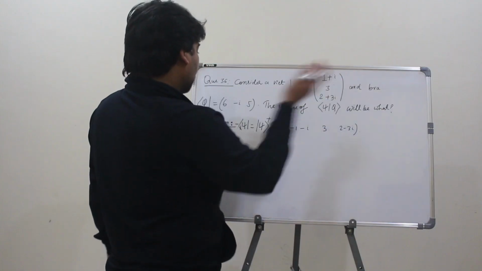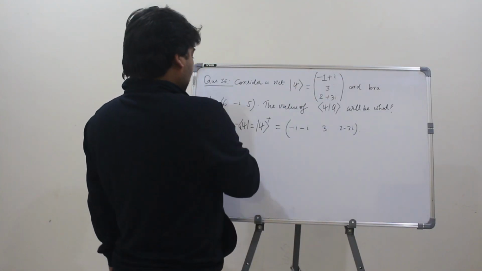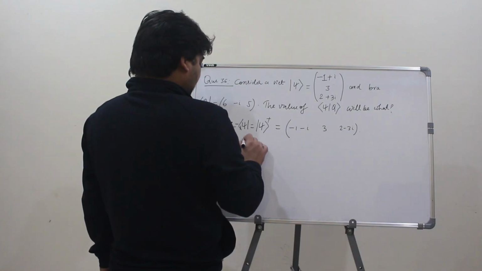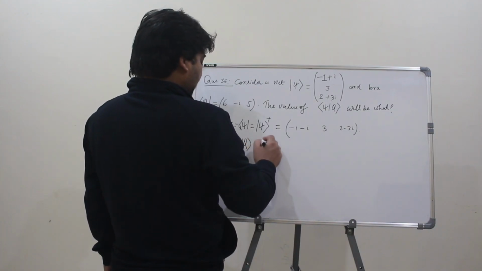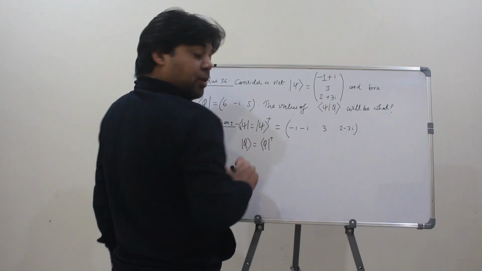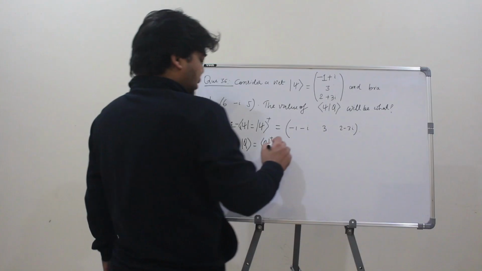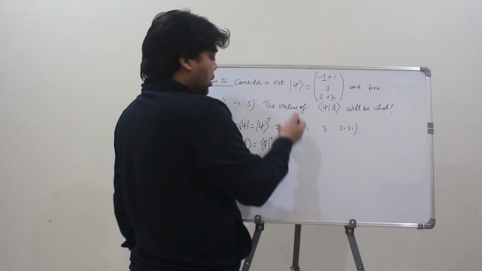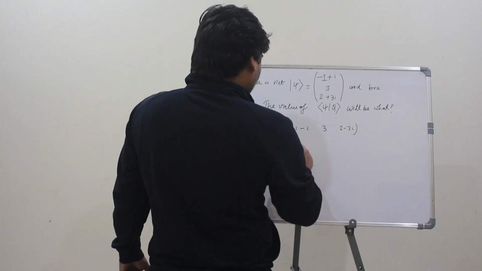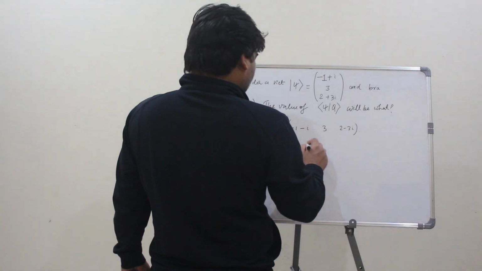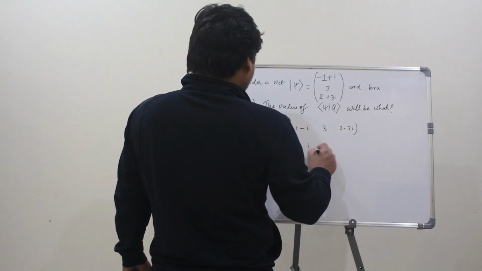Now let us go to this one and calculate the ket corresponding to this bra, which is phi equals the Hermitian conjugate of this bra. So this was a row, now this will become a column, and the complex numbers will change sign, right?